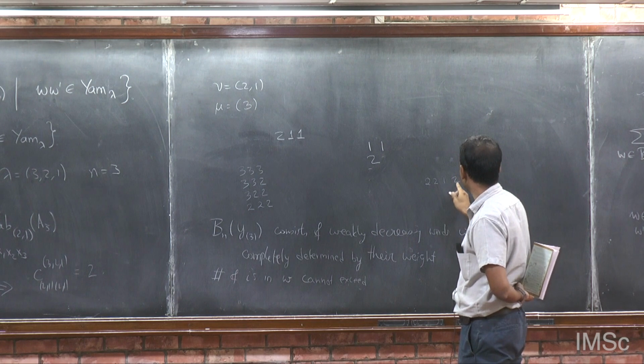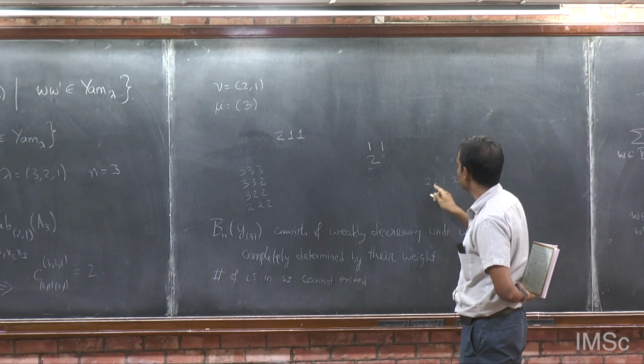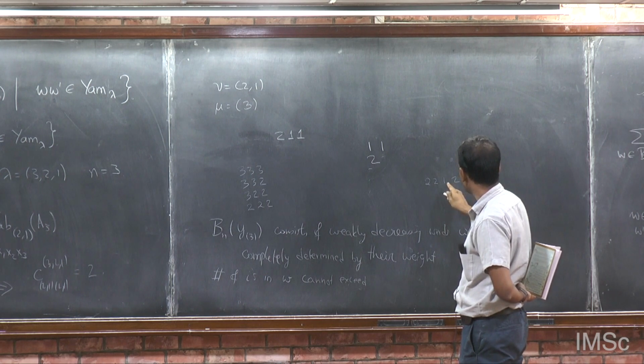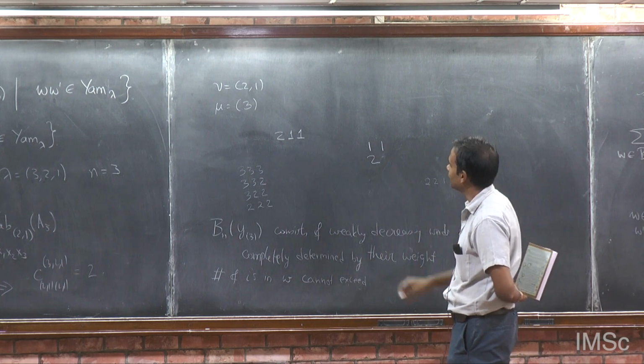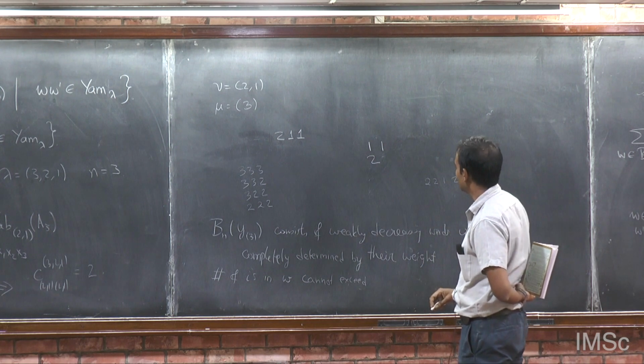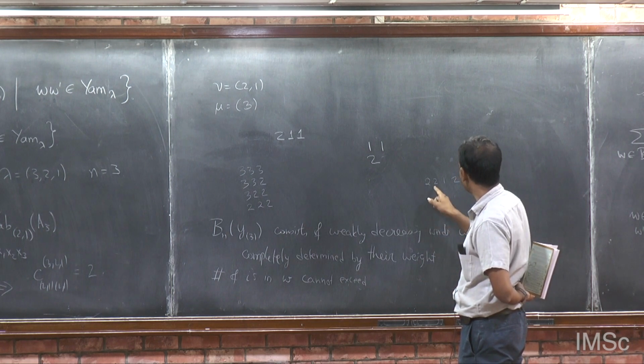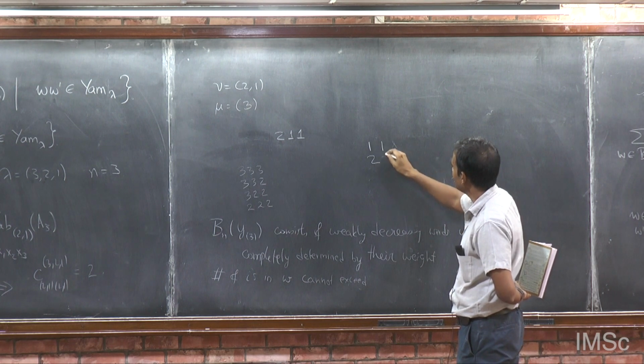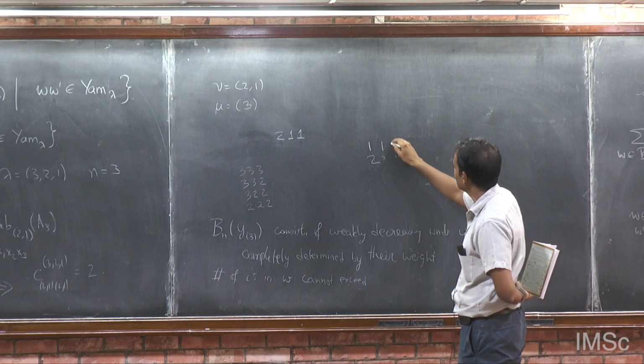So this is Yamanouchi, right? So 2, 2, 1, 1, 1, 2. Yeah, this is Yamanouchi. So if I do that, then the shape I'll get is 3, 3, 3, 3. Something is wrong here.